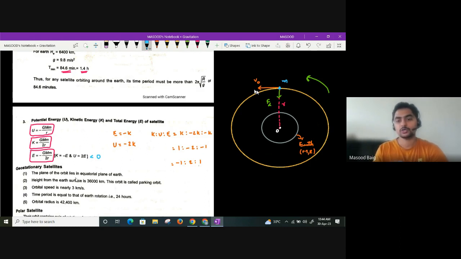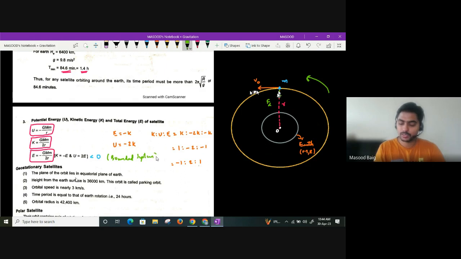So here the satellite is bound to revolve around the earth in a circular path. The planet is bound to revolve around the sun in an elliptical path. So whenever total energy of any system is negative, such a system will be called which system, beta? Such a system will be called your bounded system.